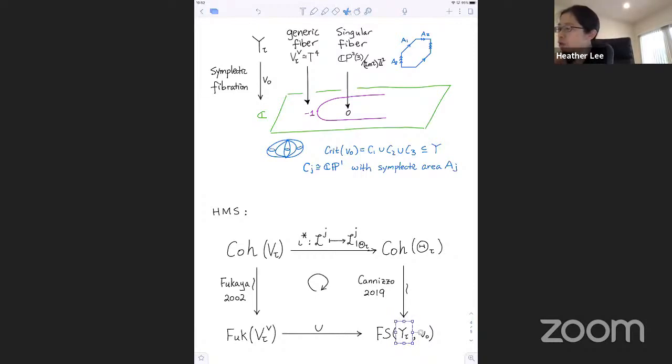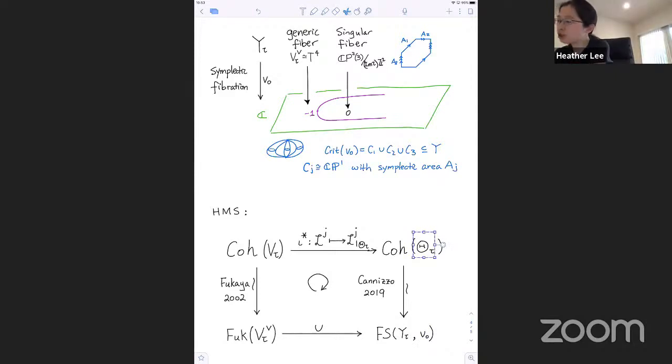And remember that we want to establish a mirror symmetry dictionary between Lagrangians in this 4-torus and line bundles here.